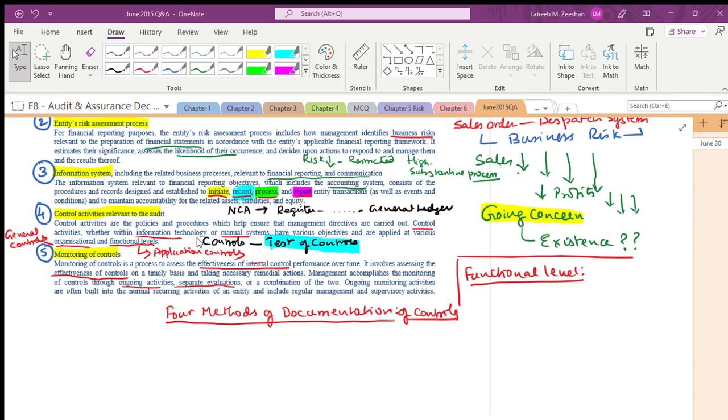What are the four methods of documentation? Tell me fast. Yes or no? Everybody has to write. Who will write first? That is important.